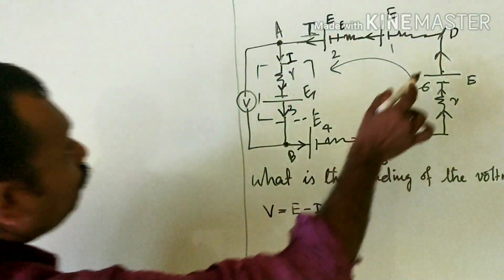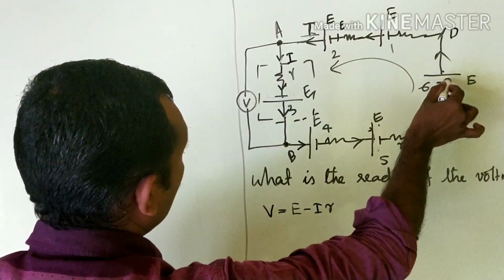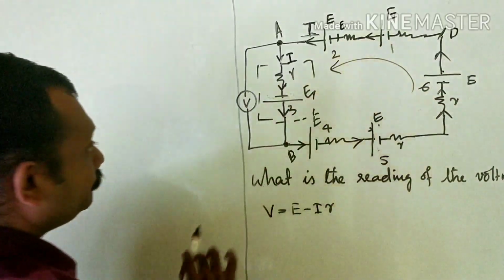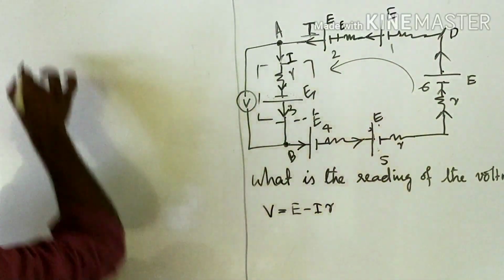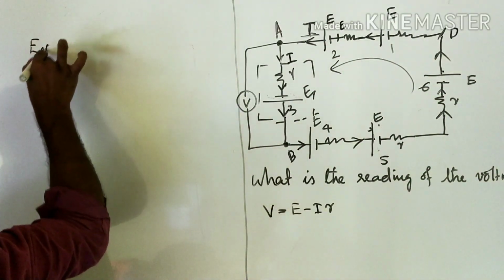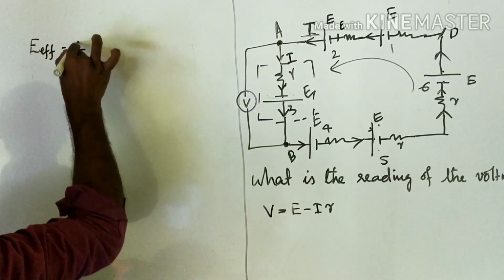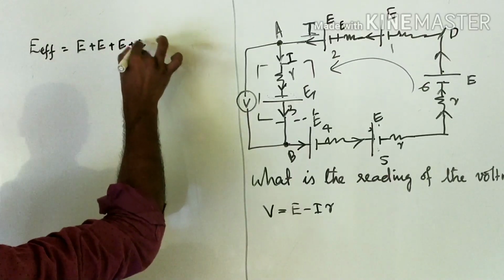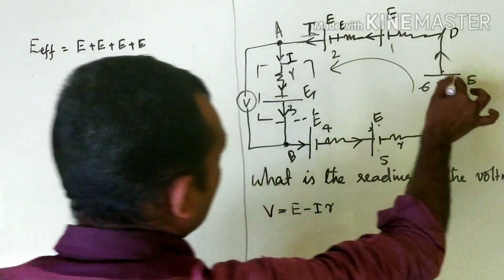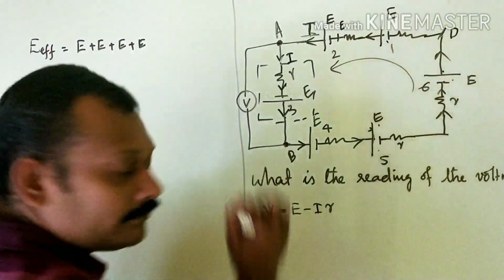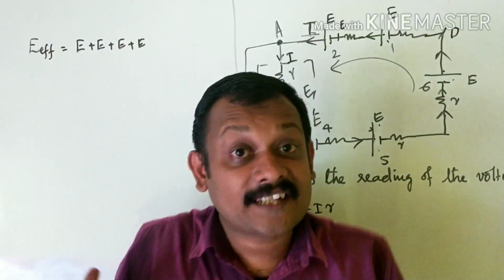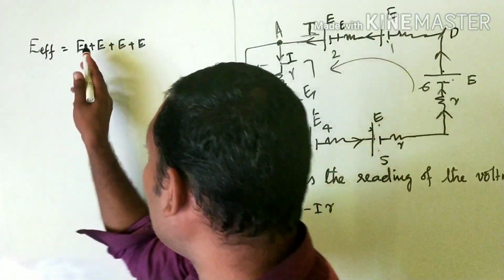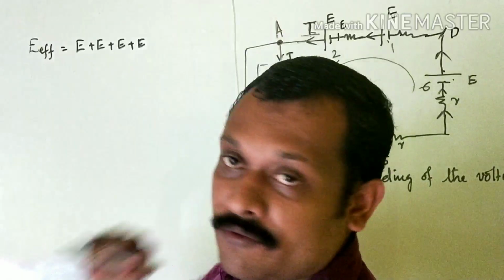Now see, 4 cells are connected in the same order, E, E, E, E. 2 cells are connected in the reverse order. Let me first of all take E effective is equal to E plus E plus E plus E. These 4 cells are connected in the same order, that is why I have taken it as positive.